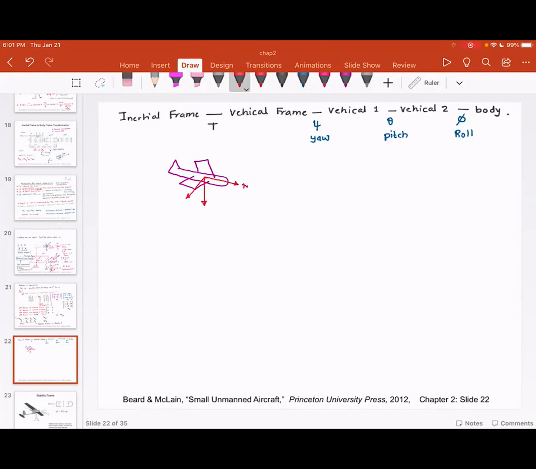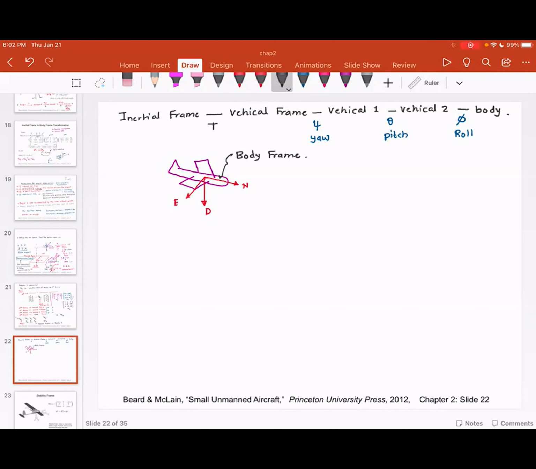So this is the north, this is the east, and this is the down. So we are in the body frame. The roll, pitch, yaw, we took care of that.